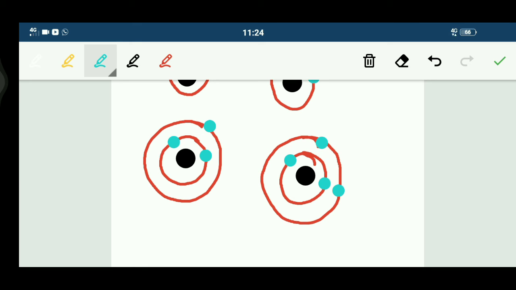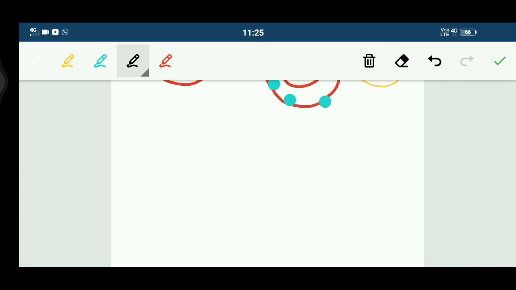What is for boron? For boron, it becomes 3 in the L shell. For carbon it becomes 4, nitrogen 5 electrons, oxygen 6, fluorine 7, neon 8. So up to neon, the electrons we can fill in the L shell.